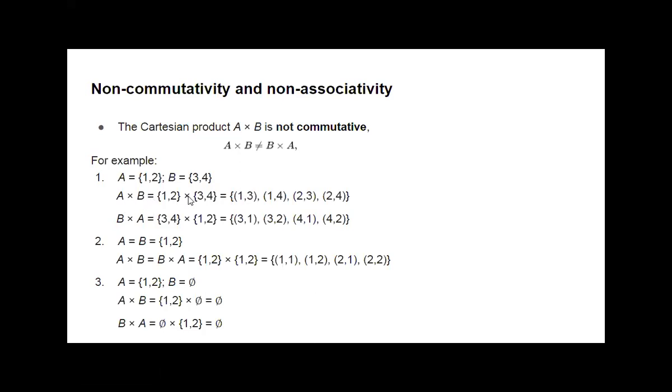A is 1, 2 cross B is 3, 4. So how are we going to take the product here? 1, 3 will be the first element, then 1, 4 the second element, then 2, 3 the third element, and 2, 4 the fourth element. You can see here 1, 3, 1, 4, 2, 3, 2, 4. This is the Cartesian product of these two sets.